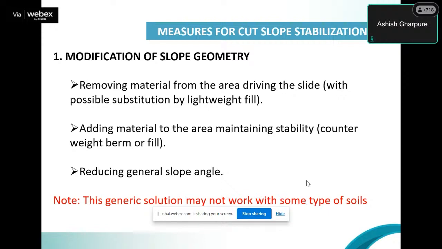So removing the material from the area driving the slide, adding material to the area maintaining stability, that is putting a weight on the toe side, and reducing in general the slope angle. I must caution here that this generic solution may not work with some types of soils and rock, right? Particularly, I'm talking about shales, but even others where swelling or slake durability comes into the picture. Next, please.